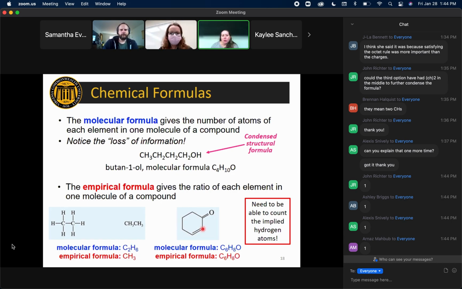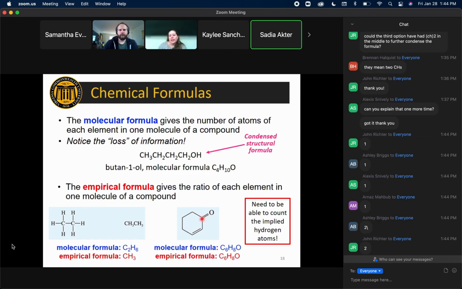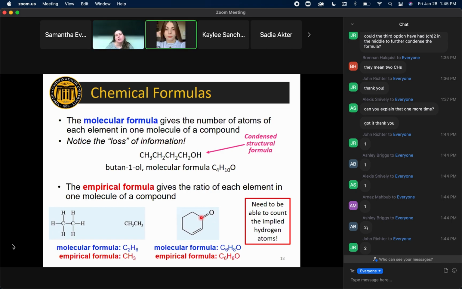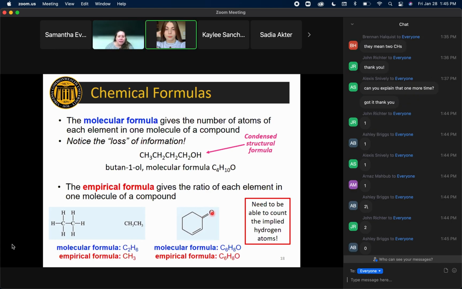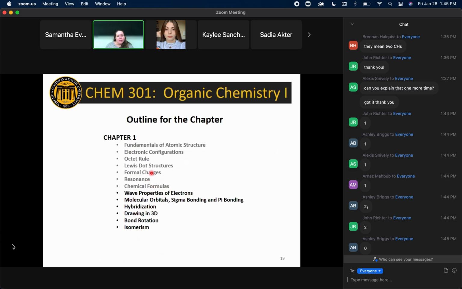That means there's only a 4th bond left, so 1 hydrogen here. How many hydrogens on this carbon? 2. Great. How many hydrogens on this carbon here? None. Zero. How many hydrogens on that oxygen? Zero. None, because the rules tell us if we're doing line angle drawings, we have to show those hydrogens if they're on an oxygen atom. Okay, awesome. So we've covered all the way through here.